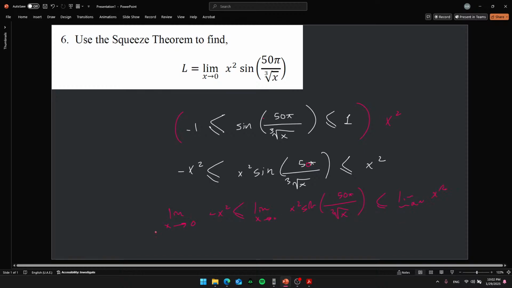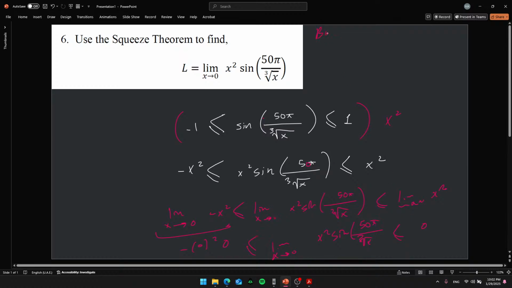If you evaluate this limit, you'll get negative 0 squared, which is 0. And if you evaluate the limit of x squared sine 50 pi over cube root x, you also get 0. So this limit is between 0 and 0.